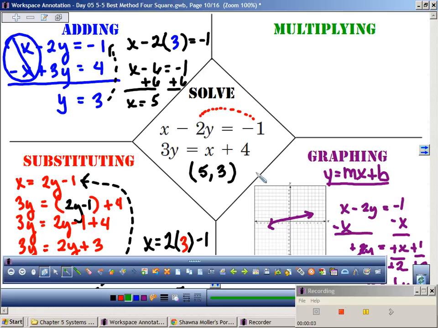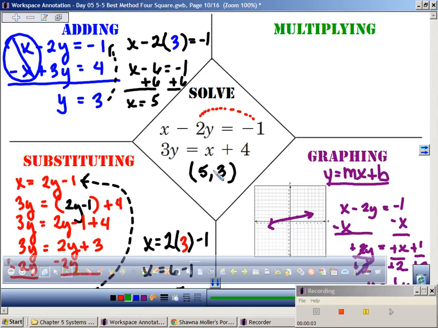Do I even need to do this method? This is important too. Let's go back and look at this right here. When we manipulated the equations so we could line them up, I got x minus 2y equals negative 1. And negative x plus 3y equals 4. Do I need to multiply anything? You really can't, right?